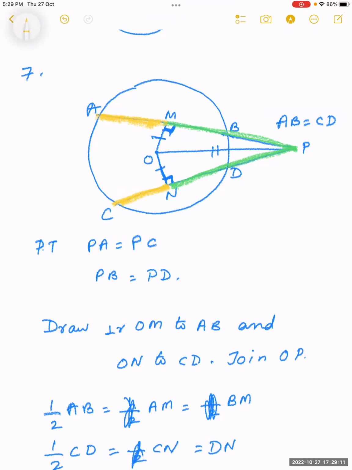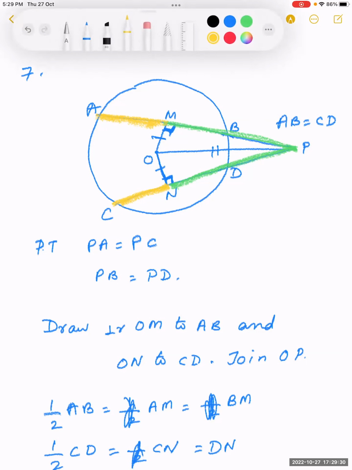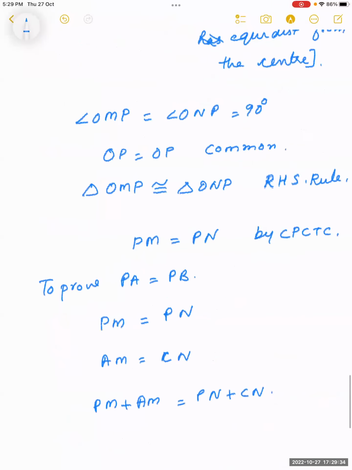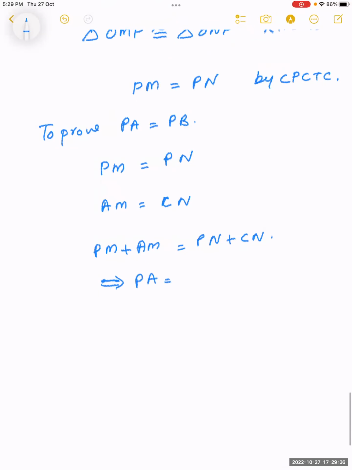If I add AM to PM, and CN to PN, don't you think I'm getting PA and PC? Shreya, do you agree? Yes, ma'am. So based on that, I can write PA equal to PC.